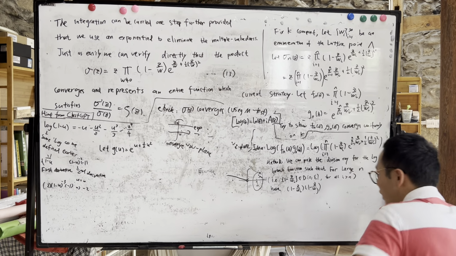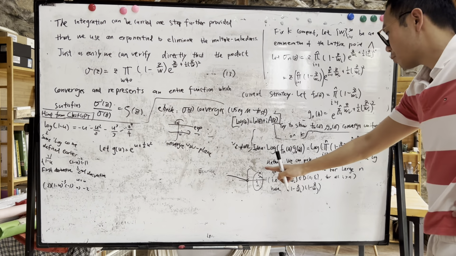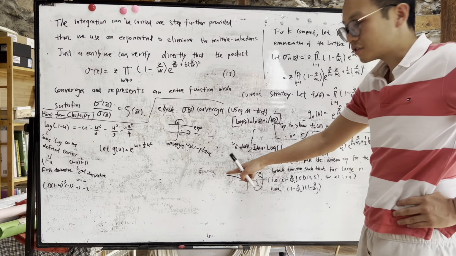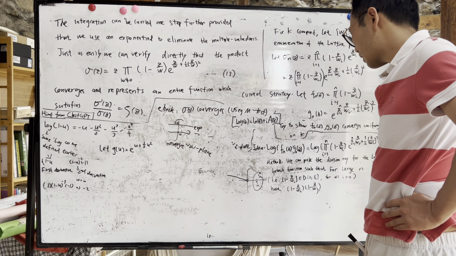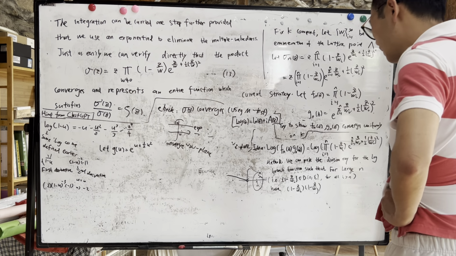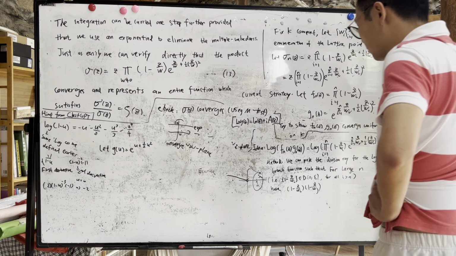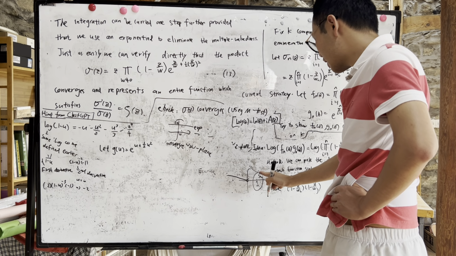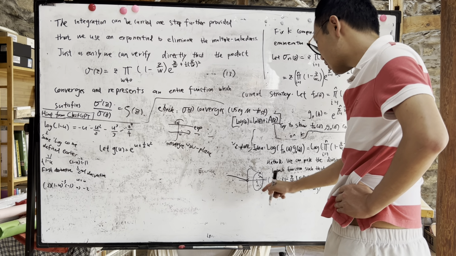Any of these two points will not cross the separation line, because the two points I pick can lie on the upper plane, and they can also lie on the lower plane.